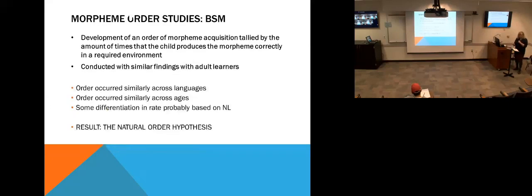So the way they did that was using the BSM. You should be looking at the BSM right now on page 122. Are we all looking at the BSM? And that's the bilingual syntax measure. We looked at it real briefly the other day. So if you look underneath the picture, for example, the experimenter might say, what are these? And the learner says, houses, right?